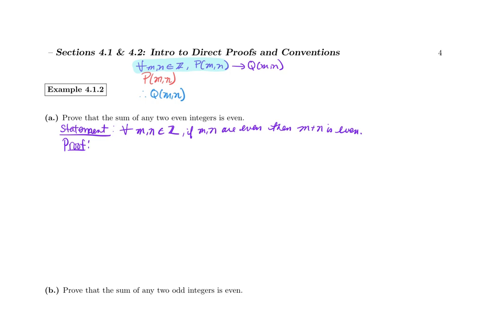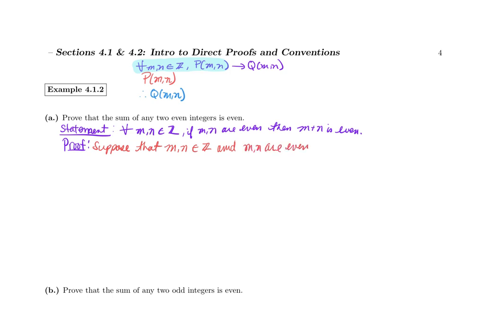That sounds like a lot of words that we're going to put into writing. We're going to say, suppose that m and n are integers, and we could say, and m and n are even.